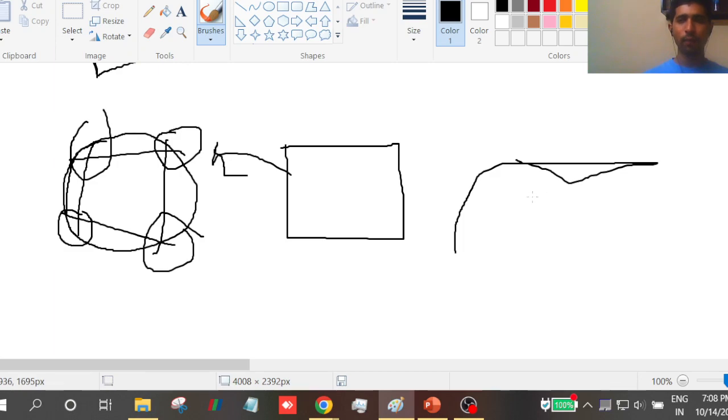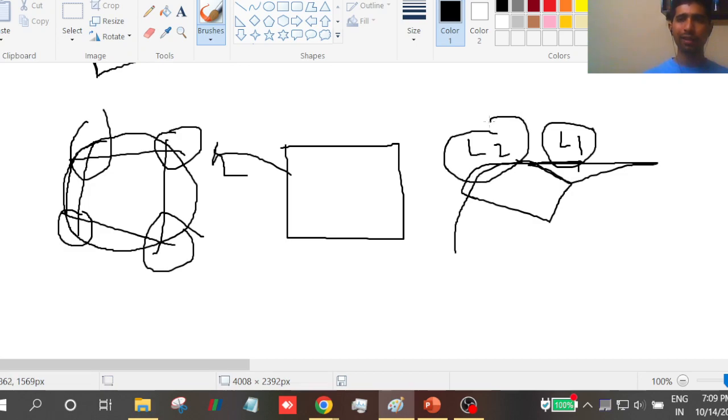For example, you can have a neighboring grid point which looks something like this. So this particular length of the element, say L1, and the adjoining element length L2, have a huge difference between them. That is what is mainly called the skewness of a mesh.